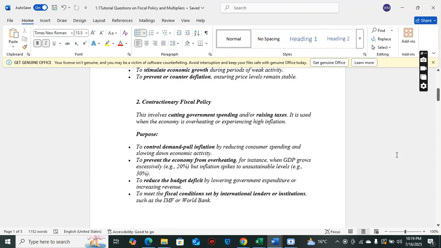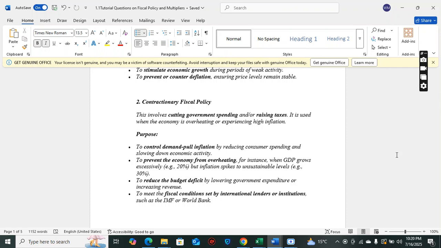But the businesses cannot keep on increasing production as demand goes up. They will reach a point where the production cannot keep up with demand. The only thing that can happen is prices will just start going up, up, up, and up, and you start reaching hyperinflation.